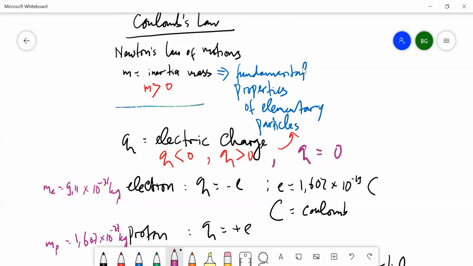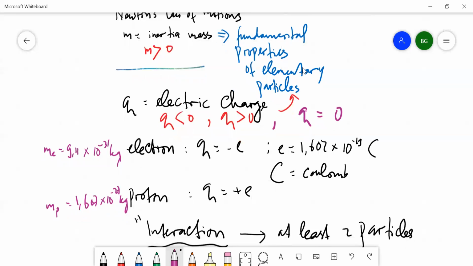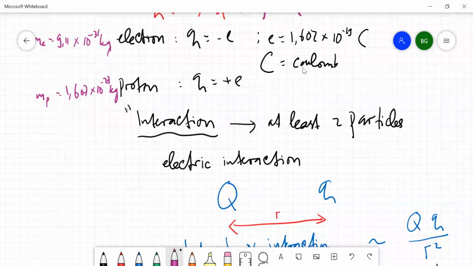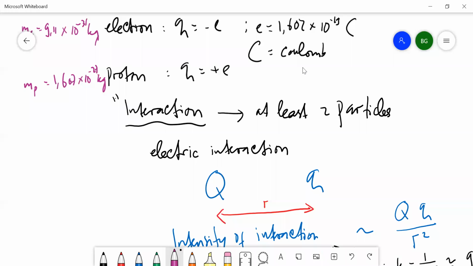Okay, so yesterday we discussed Newton's laws of motion, in which, for the dynamics of a particle obeying Newton's law of motion, the particle should have positive mass. What about if the particle has electric charge? Then there is another so-called interaction. Interaction means at least two particles.